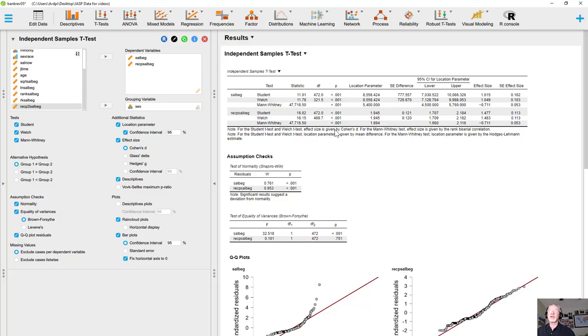And if reviewers come back and ask me whether or not my results could have been impacted by a violation of the assumptions, I can report, no, I get the same thing no matter how I analyze that data.